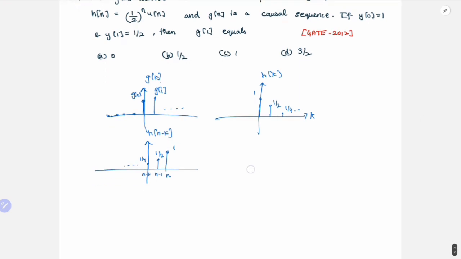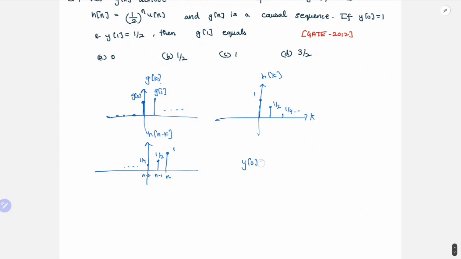So now my y of 0. y of 0 is nothing but summation k equal to minus infinity to infinity of g of k h of minus k, which means that this n will coincide with this. So it will give me g of 0 into h of 0 as the only valid sample.